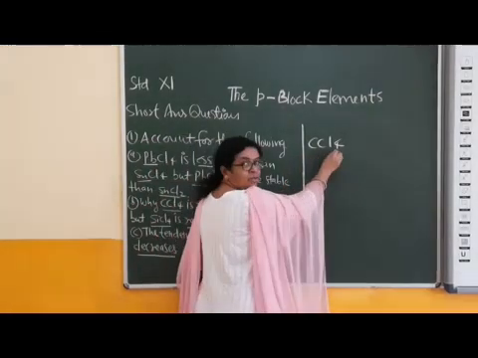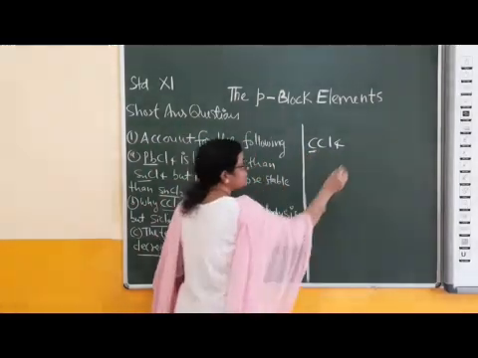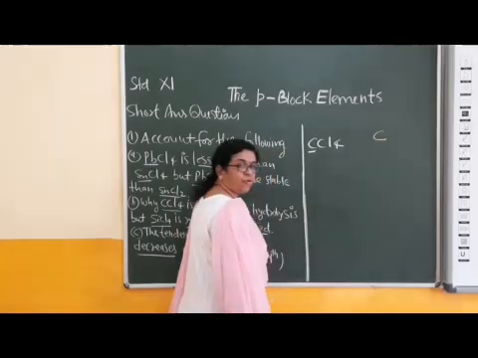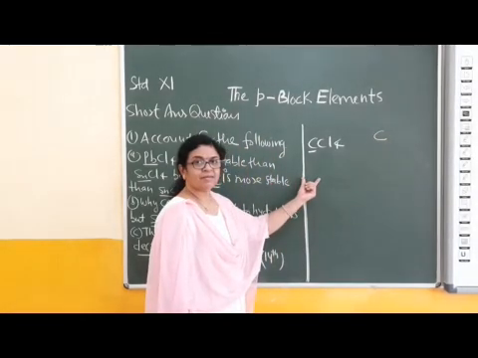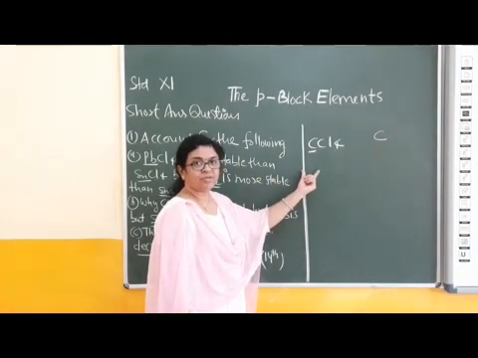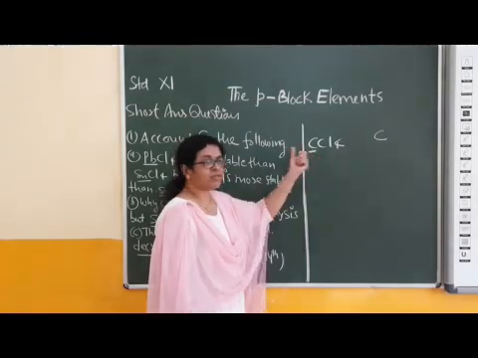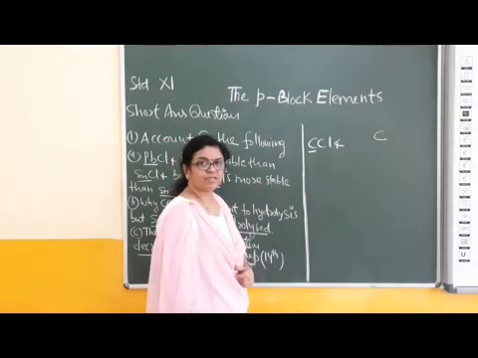In carbon tetrachloride, carbon is the first element of the 14th group, right? Very small in size. Absence of vacant d orbital. This is the anomalous behavior shown by the first element in the 14th group: absence of vacant d orbitals.